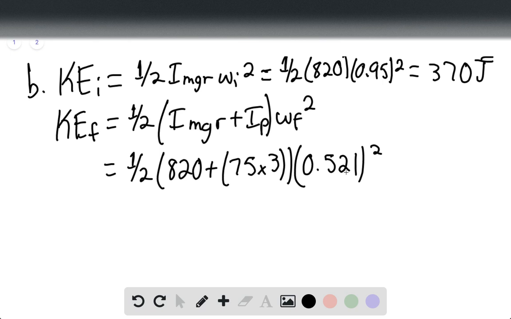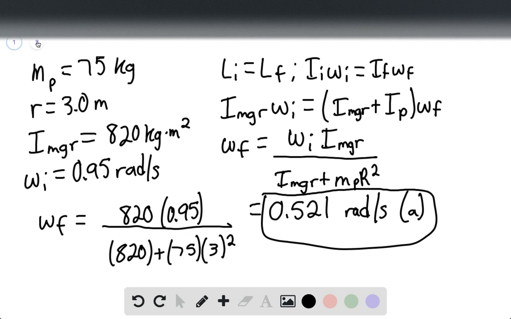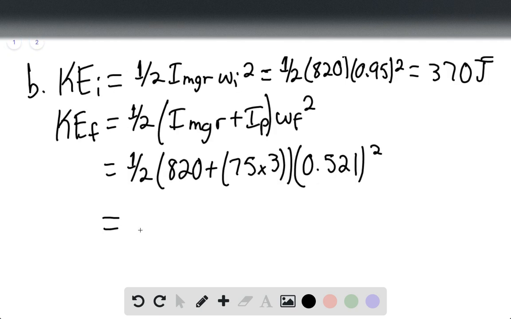This is the final angular velocity that we found in part A, 0.521. And this equals 472 joules, my apologies.